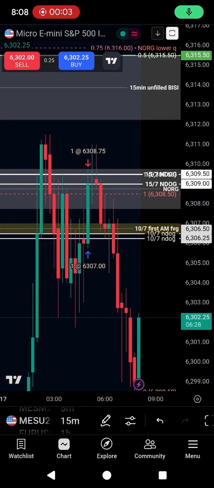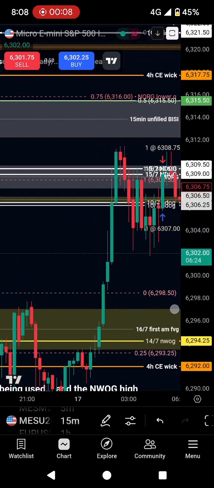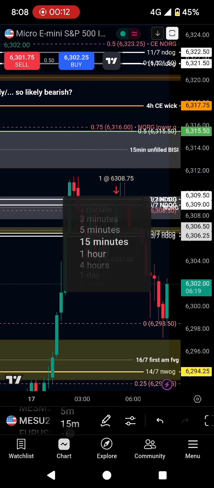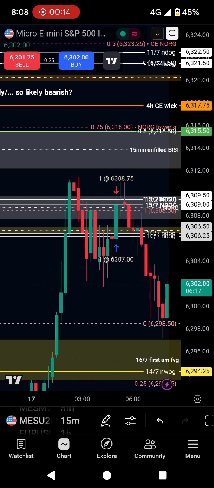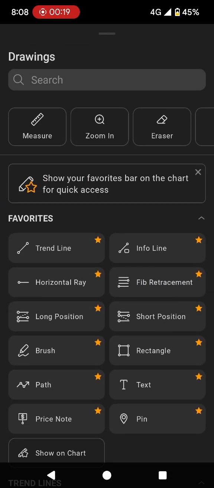Yep guys, and just now you can see, I entered where? I entered long here and got filled as well. Let's go on the 5-minute. First the 15-minute chart, you can see this BC.